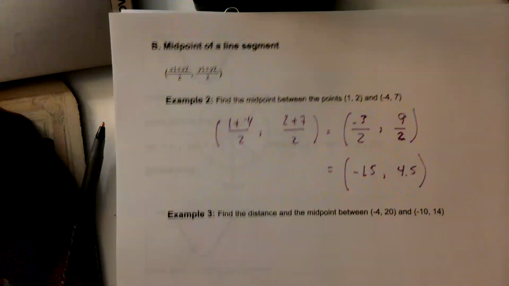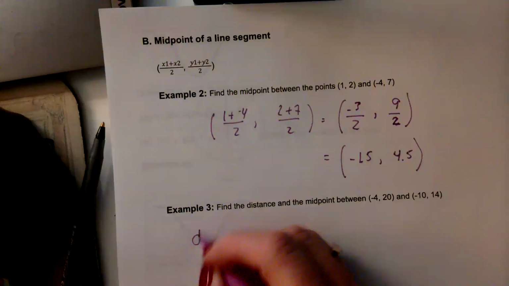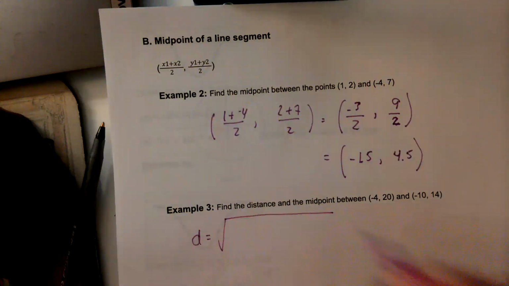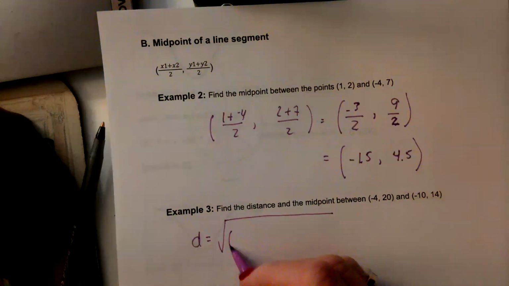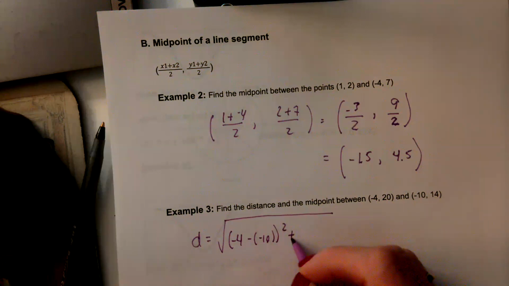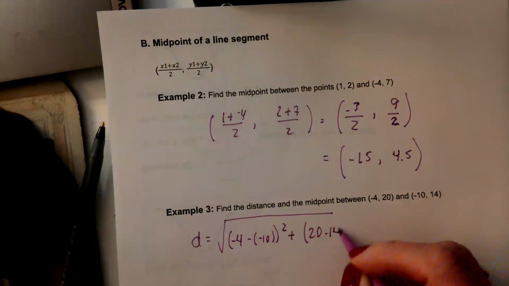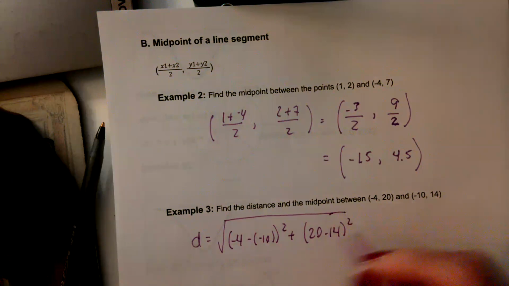Let's find the distance and the midpoint between these 2 points. So the distance formula says we're going to find the difference between the x's, -4 subtracting -10 squared, plus the difference between the y's squared.